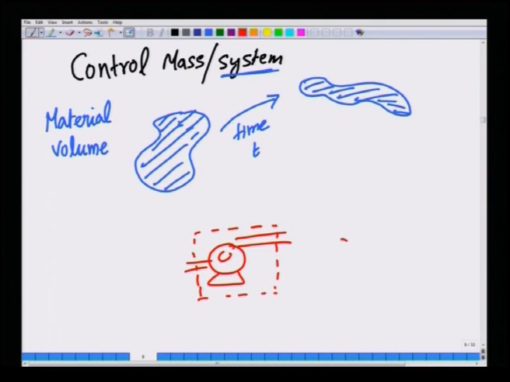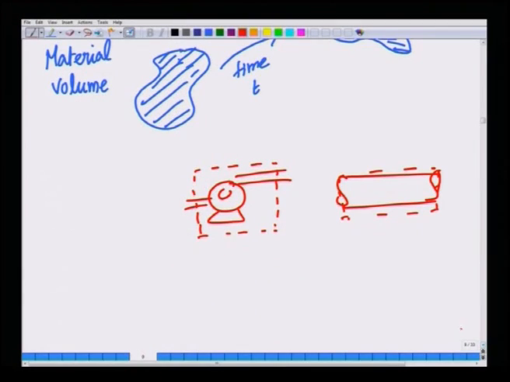Or you may have a pipe, and you may want to worry about what are the drag forces that are exerted by the flow on a particular section in a pipe. In such instances, if you identify this green patch, it will move through the pump and eventually go away, and so will a patch of fluid in a pipe. It will not continue to remain in the pipe.